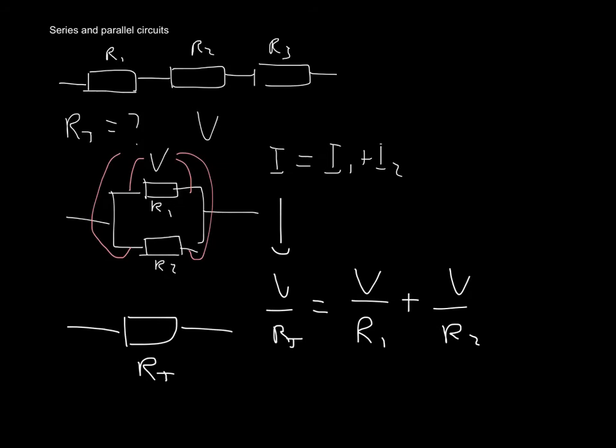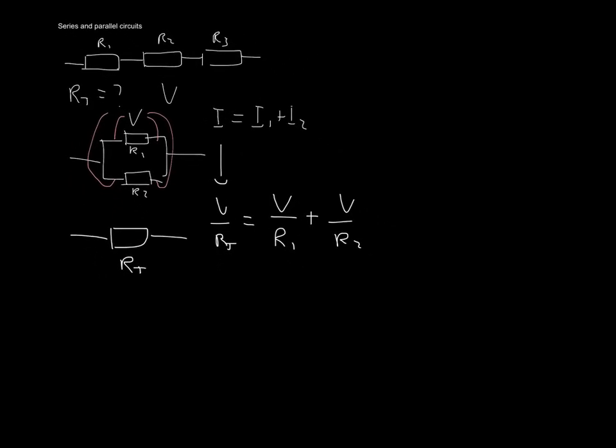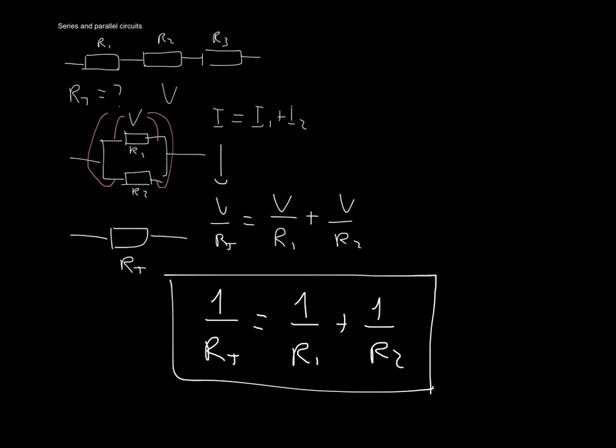And then lo and behold, we can get rid of these V's, and then we get the famous parallel resistance equation, which is 1 over total R equals 1 over R1 plus 1 over R2. And we did this in the IGCSE, so again, there's no need to go too much into this.